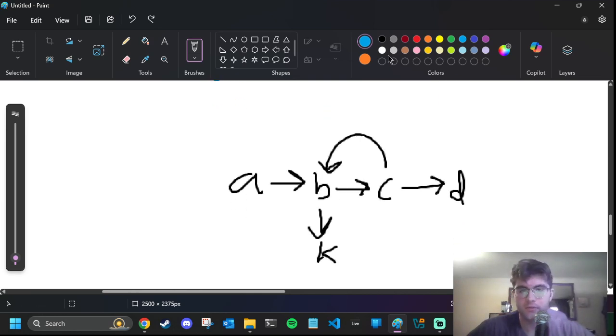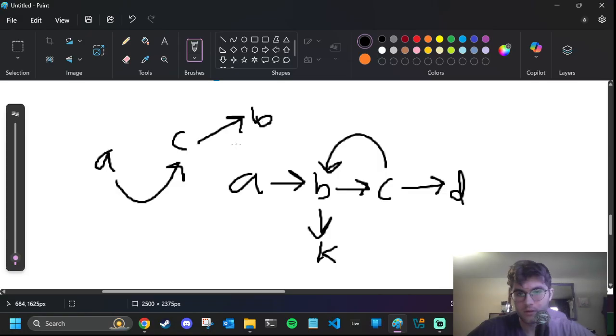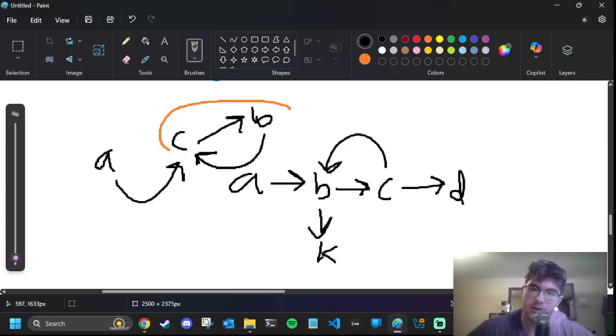Right, because what if A points to C, which points to B, and B also points to C? The cycle will never be met because they both have an in degree of 2.